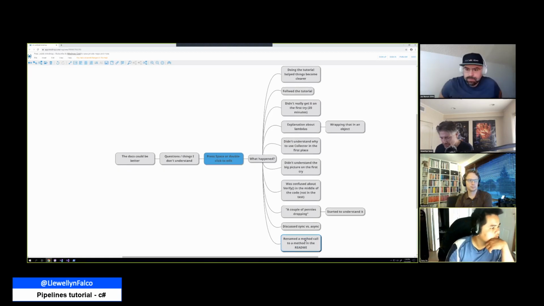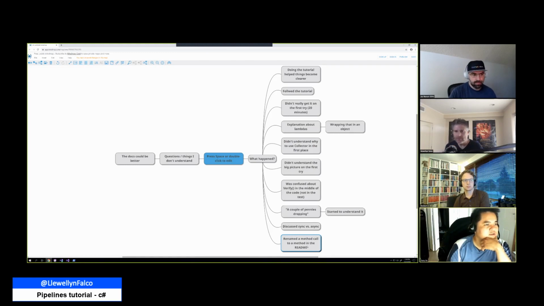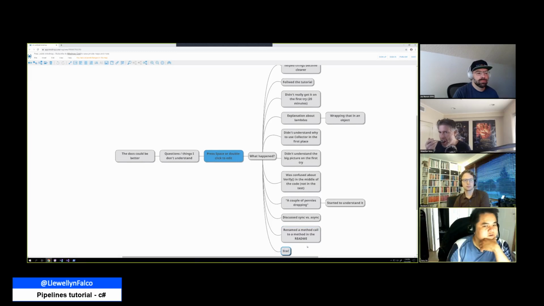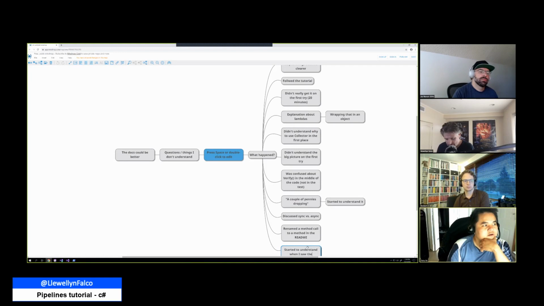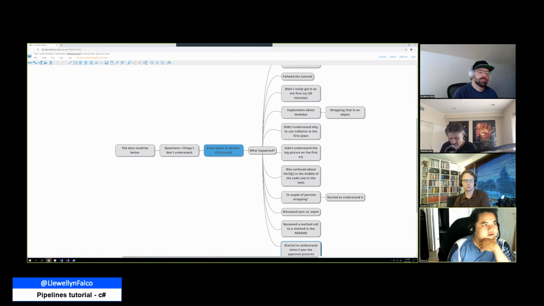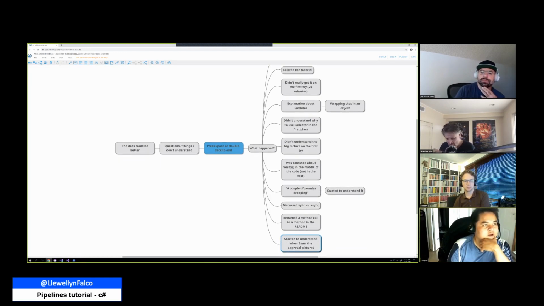For me at least, I started to understand it the moment that I saw the approval pictures, only when we got to the stage where I see the pipeline join together and return the result.